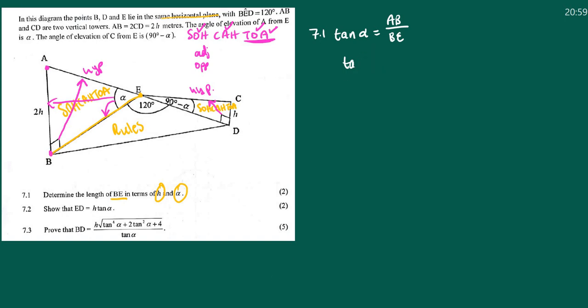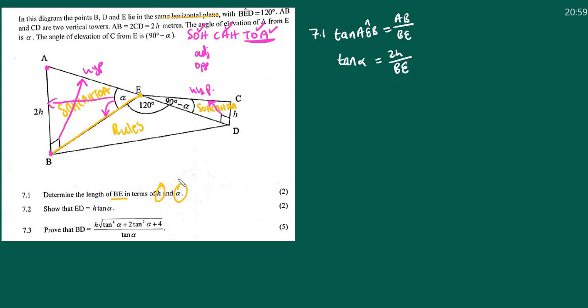I was supposed to write it as tan angle AEB first before I can substitute. Remember, AEB is alpha. It's going to be equal to the opposite, which is AB, over the adjacent, which is BE. So tan alpha is equal to 2H over BE.